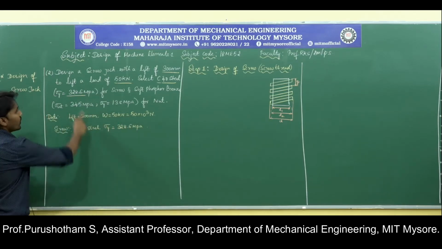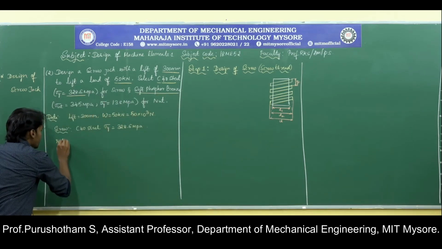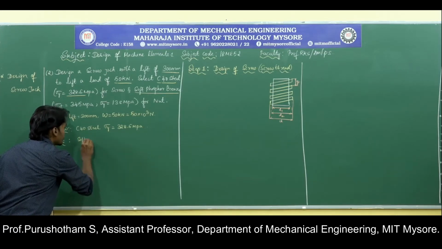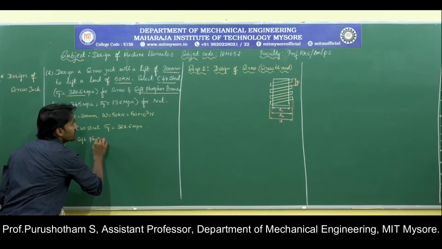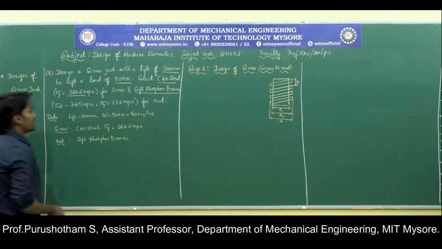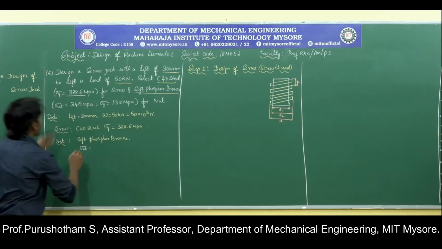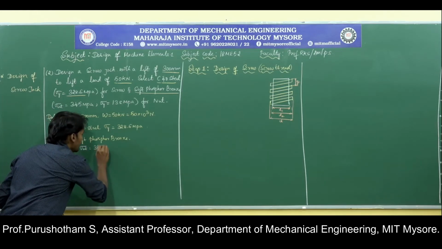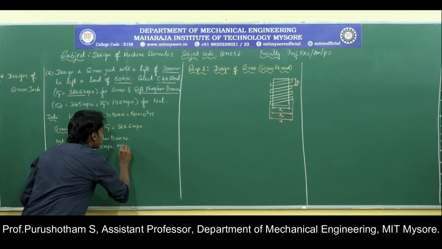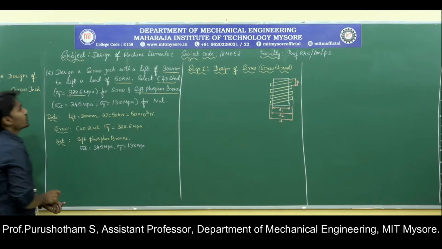Then for the nut material they have given soft phosphorus bronze, and with respect to this nut material they have given the ultimate stress, sigma ut, which is 345 megapascal, and the yield stress is 138 megapascal.